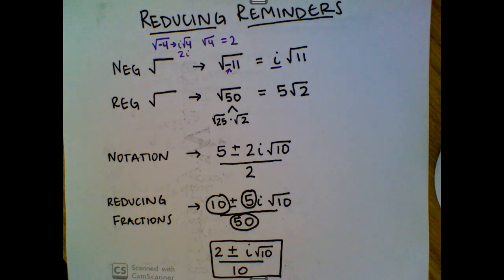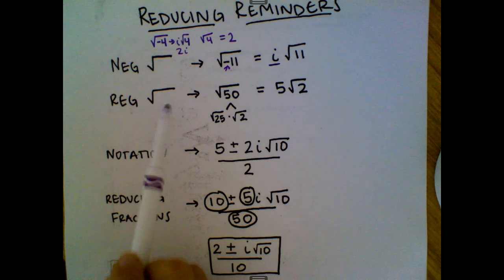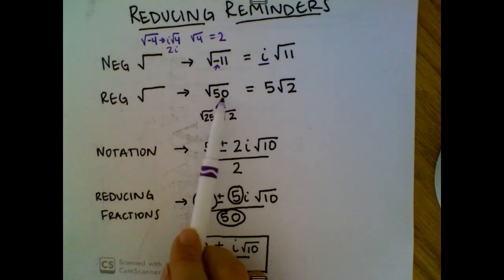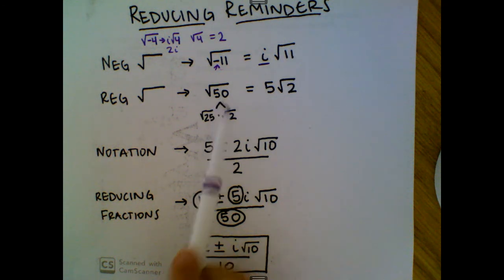Now, here's a quick reminder on regular radicals themselves. This is how we reduce radicals. You look at the number inside the radical and say, is this number divisible by any perfect square? Well, yeah, it is. This one can be divisible by 25.